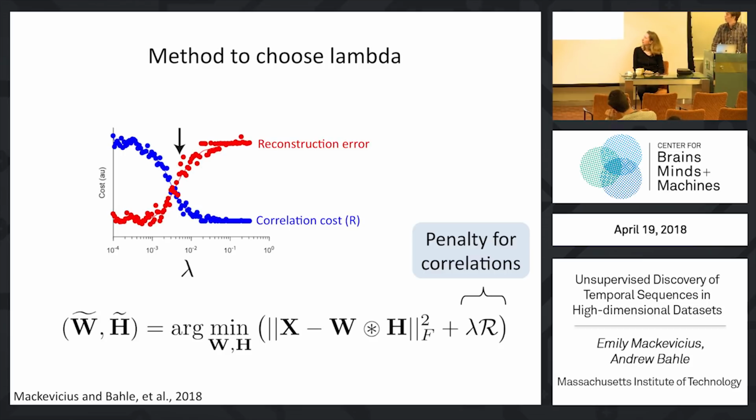And so here I'm showing the same thing for one of the intermediate level noise cases that I showed you before on synthetic data. Again, you can see that it saturates at high lambda for the reconstruction cost, and it saturates for correlation cost at low lambdas.